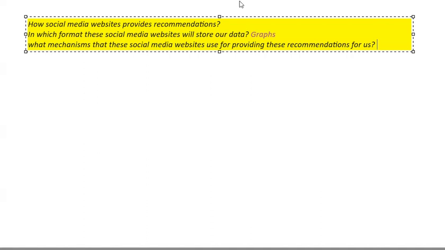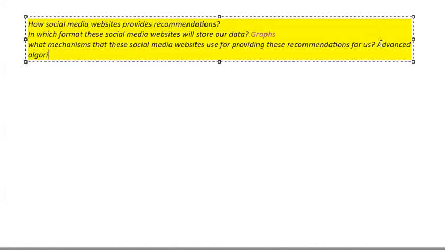Okay. Now, by which mechanism do these social media websites provide these recommendations for us? They store our data in the form of graphs, right? Now, by which mechanism do they provide these? By using advanced algorithms, they are able to find out the relationship between any two nodes in the graph.